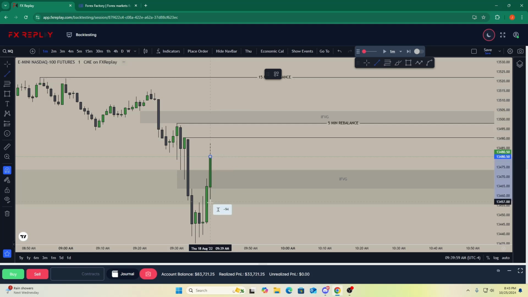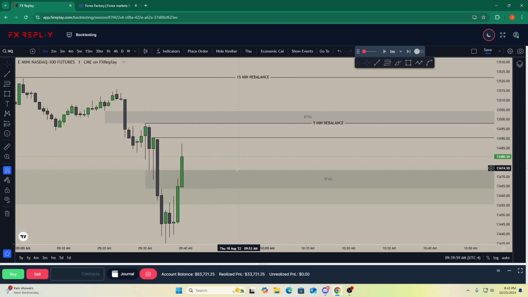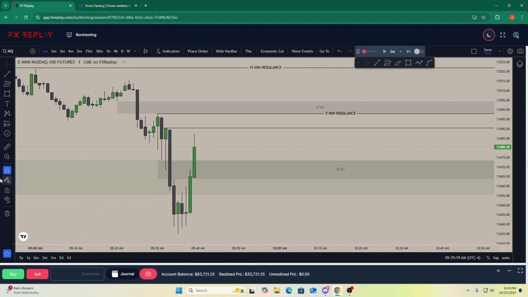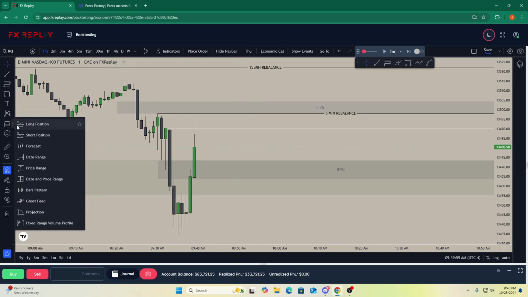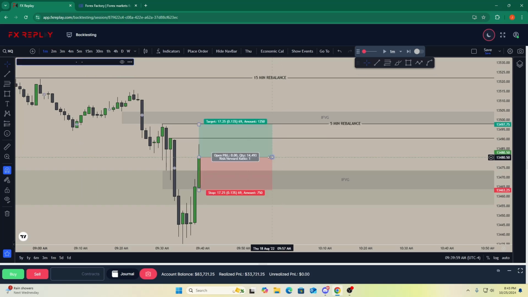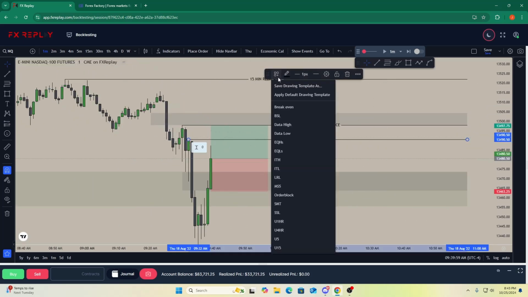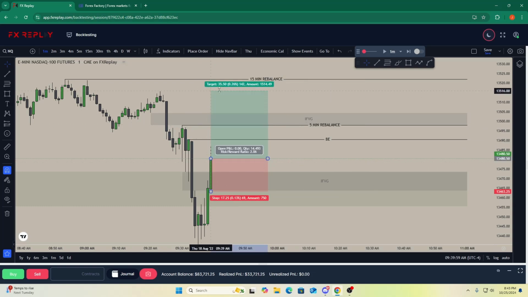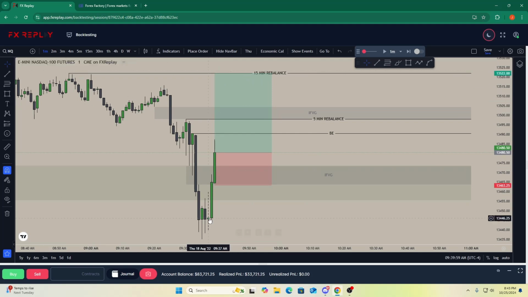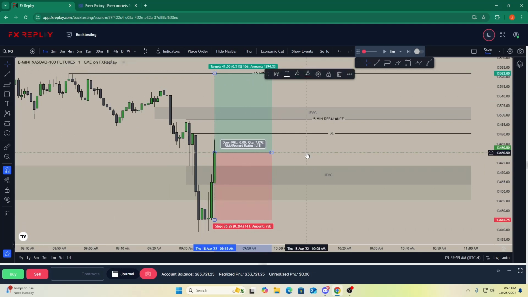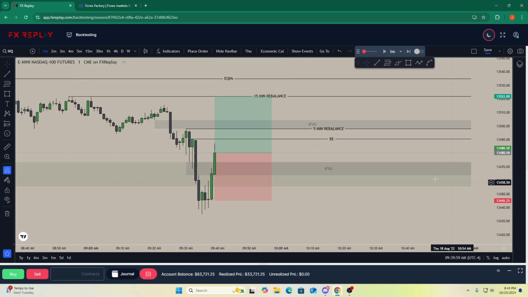So 164 stop loss. Gotta pull out the chart here. Cool. Break even. One minute and stop loss at fair value low here. So about just a little bit above a 1-to-1 here.